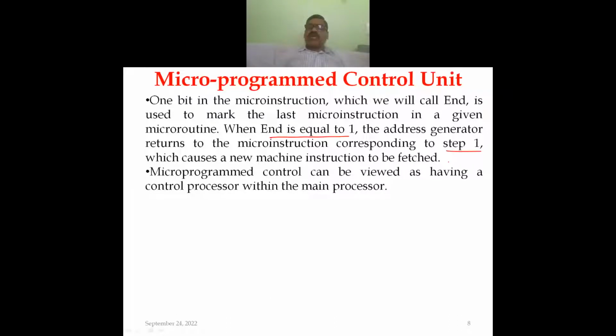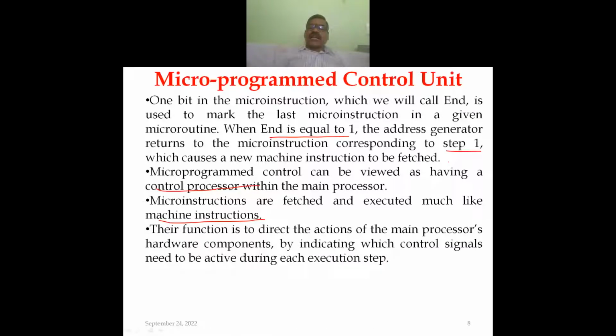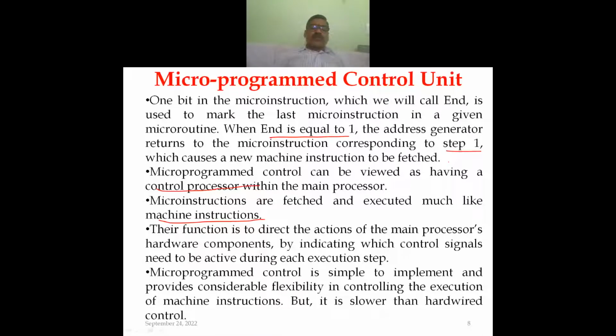Microprogrammed control can be viewed as having a control processor within the main processor. Microinstructions are fetched and executed similar to machine instructions. Their function is to direct the action of the main processor's hardware components by indicating which control signals need to be activated during each execution step of the instruction.